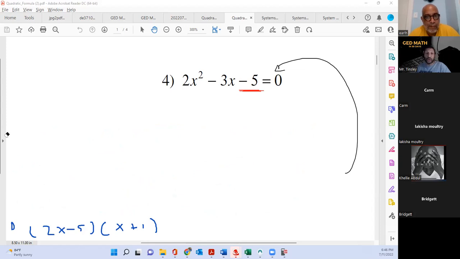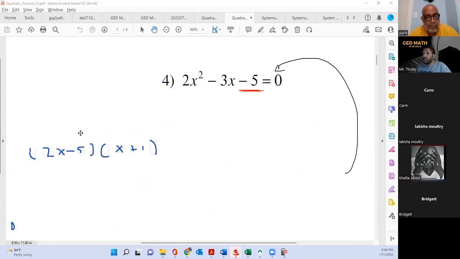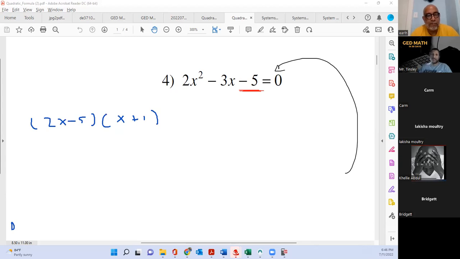But if you know how to multiply binomials, this problem is a 1 to 1.5 minute problem. Watch this. 2x times x is 2x squared. 2x times +1 is what?